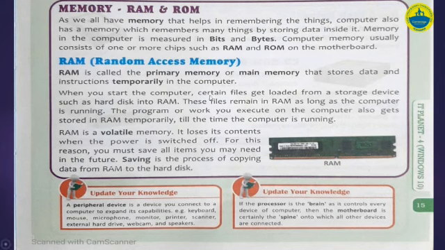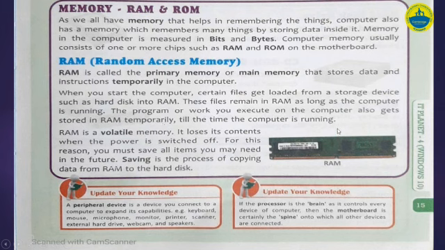When you start the computer, certain files get loaded from a storage device such as the hard disk into RAM. These files remain in the RAM as long as the computer is running, and the program or the work you execute on the computer also gets stored in the RAM temporarily till the time the computer is running.